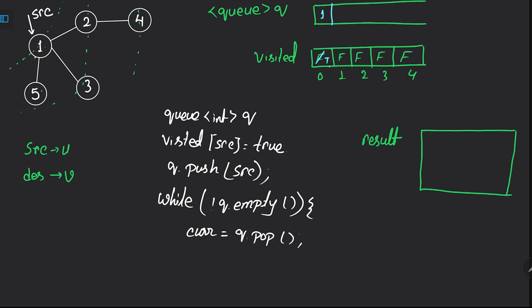Pop always operates at the front, so this will be popped, and then we also push this in result of current. So in result index this will be our 1, and then we will check.